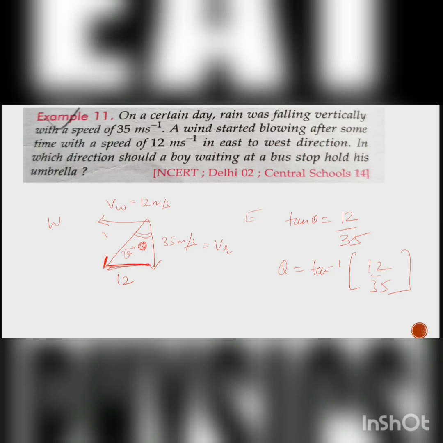So ये वाला समझ आया आपको कि how are we calculating this angle theta? Because our resultant velocity of the rain would be somewhere around here, as shown in the diagram. It would be somewhere along this direction. So we have found out our angle of umbrella. ठीक है?